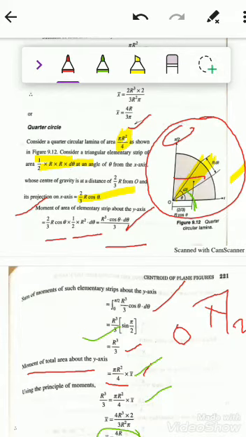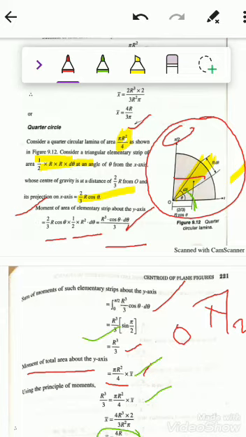First, consider the area of the particular geometrical figure and a small elementary strip in it. Consider the elementary strip area and the distance of the center of gravity of that elementary strip. Then take the moment of all the elementary strips about the y-axis. Then take the moment of the entire area about the y-axis.